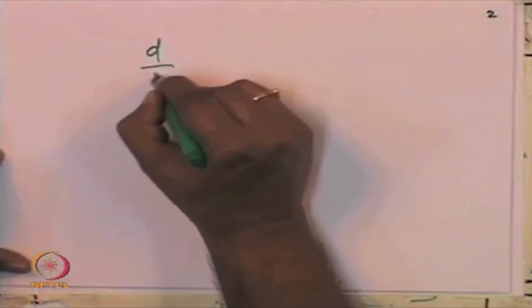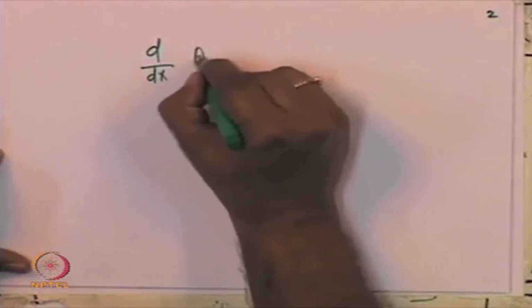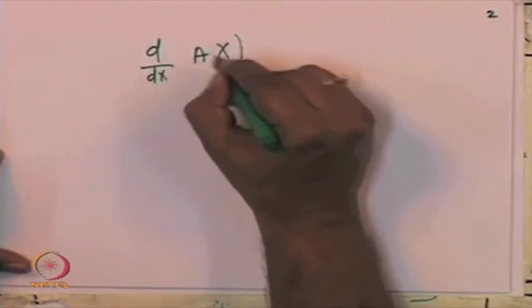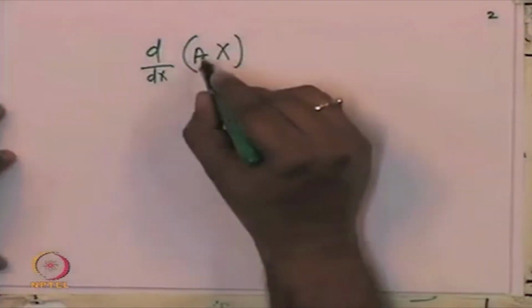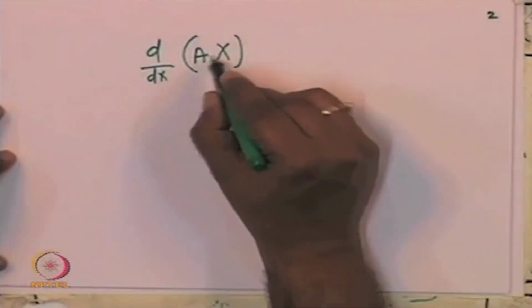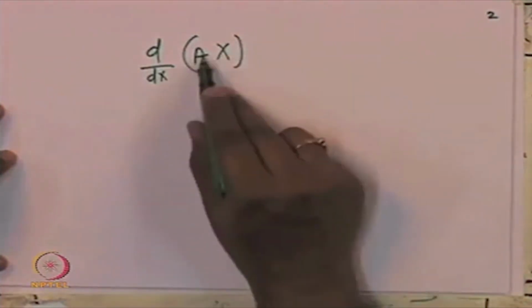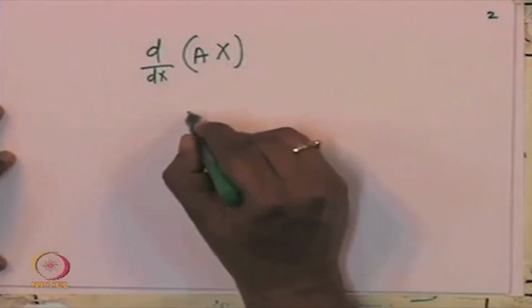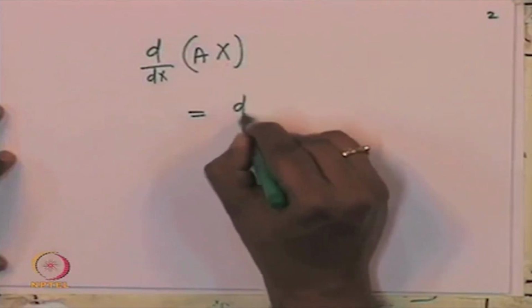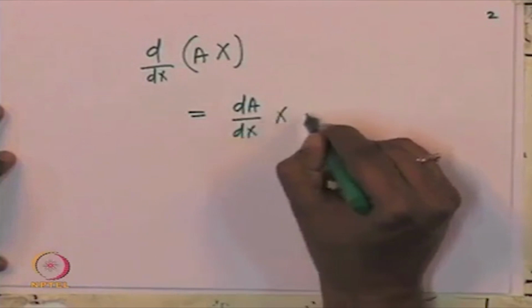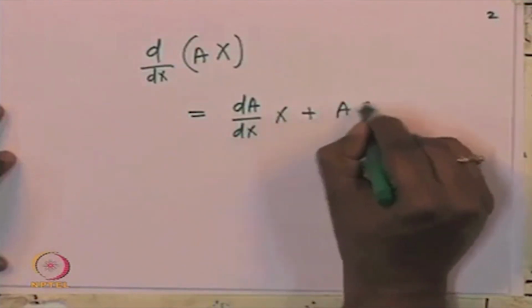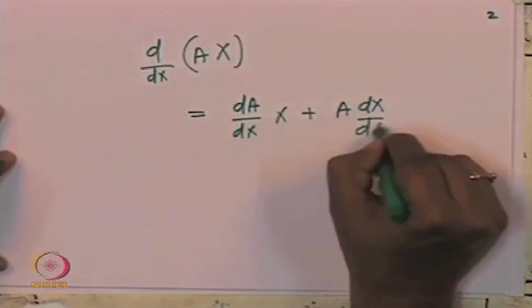Now let us take the derivative of a constant times x. According to the product rule, you have two things, a and x, the product of a and x. So, the derivative of this will be dA by dx times x plus a times dx by dx.